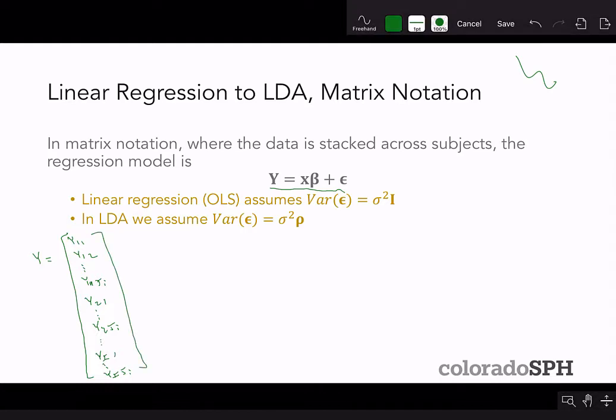That's just a vector that stacks all of the observations for all of the subjects in the data set. And so this is going to be a vector of size big I, the total number of subjects, times the sum over all the subjects of the number of time points. That's a vector of that size.